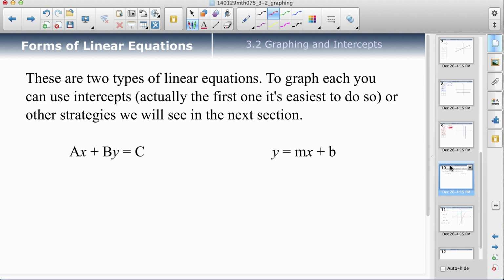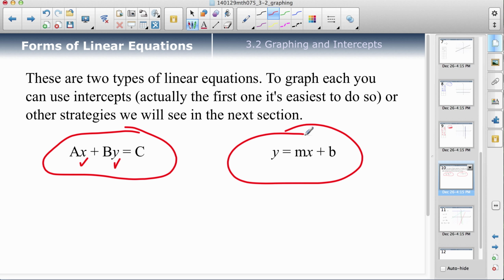Okay, last sort of thing to look at in this section, and we'll look at it more in the next section, is the different forms or types of linear equations. Sometimes you'll see a linear equation that looks like this. Notice there's an x and a y in it, and then some other letters. Sometimes you'll see the equation that looks like this. Again, I have an x and a y, and I've got other letters.